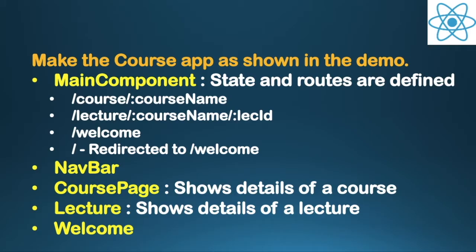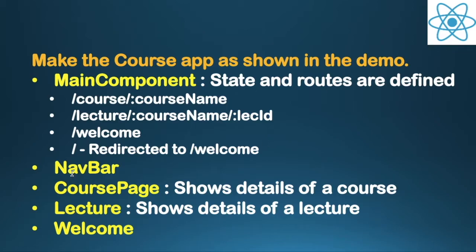So if you look at the app, it would have the main component where the state and the routes are defined. And what are the routes we need? We need /course and the name of the course, /lecture, the name of the course and the lecture ID, /welcome, and / which gets redirected to /welcome.